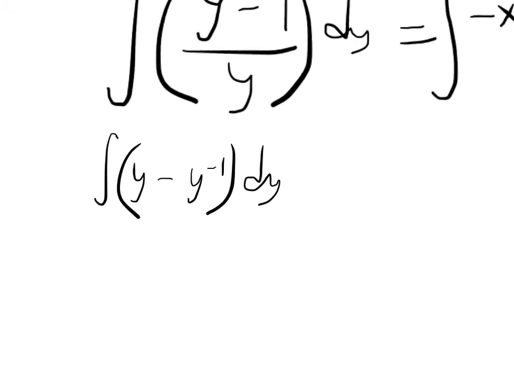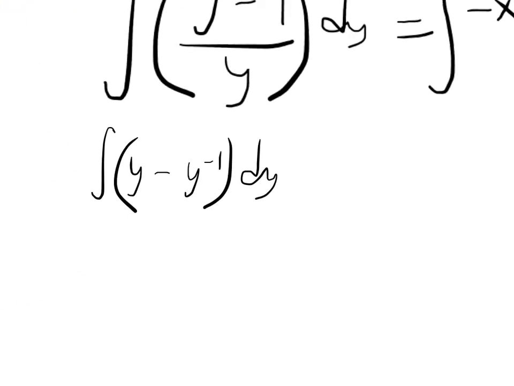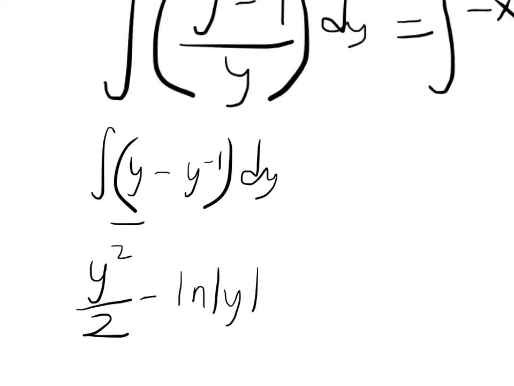The integral of y dy is y squared over 2. And the integral of dy over y is ln absolute value of y. So that's the left side.